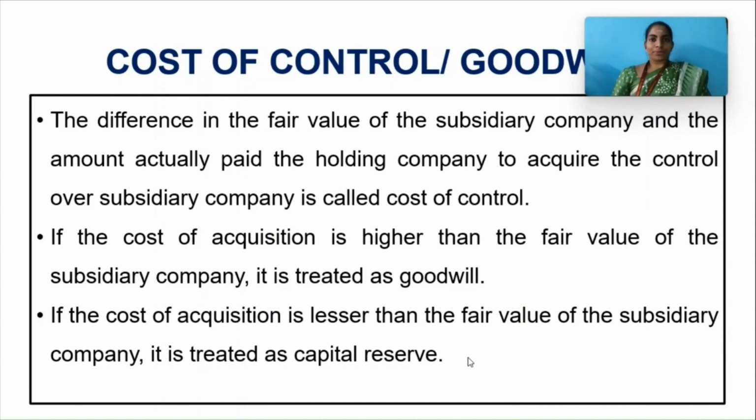The amount that I have paid to acquire those shares can be equal to, less than, or greater than the fair value. Whatever amount I pay for that is called the cost of control.